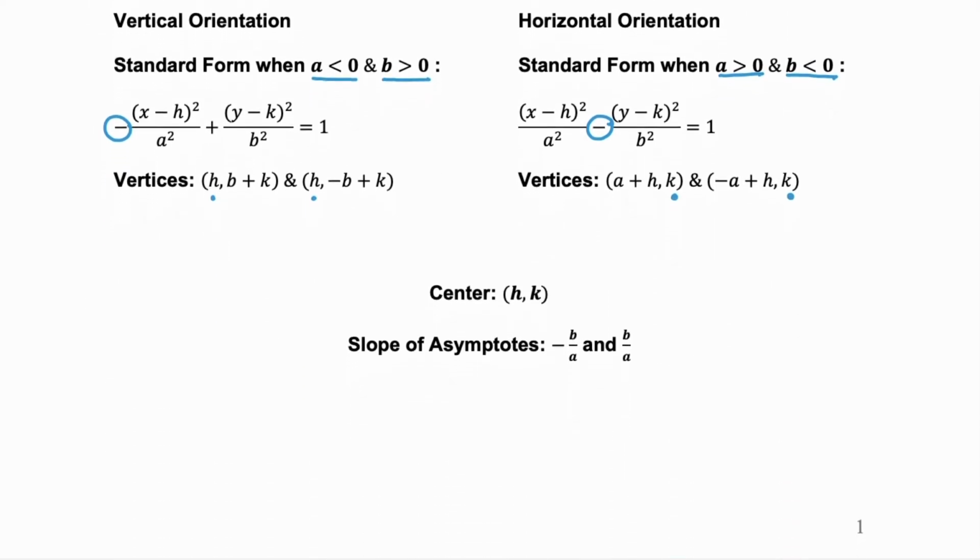When you get your hyperbola from general form to standard form, you can easily identify the values of h and k, which get you the center point, and a and b. The slope of your asymptotes is negative b over a and b over a. So the values of those denominators that are being squared.